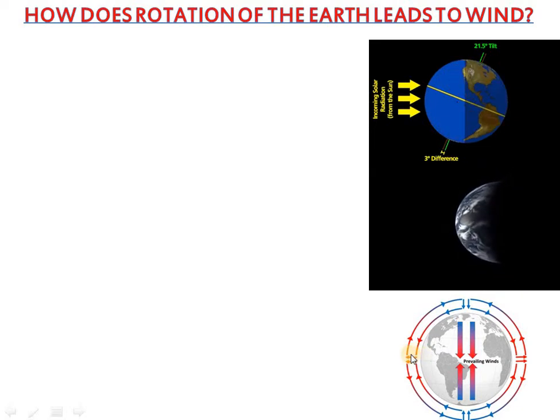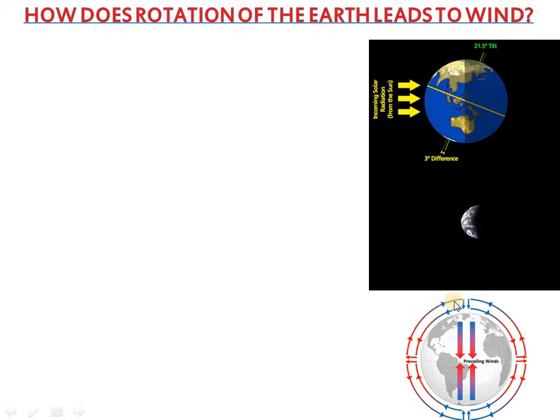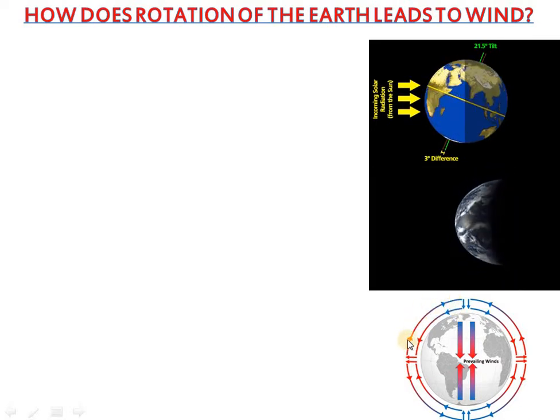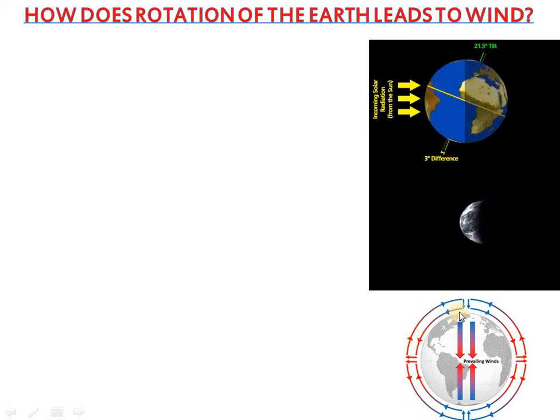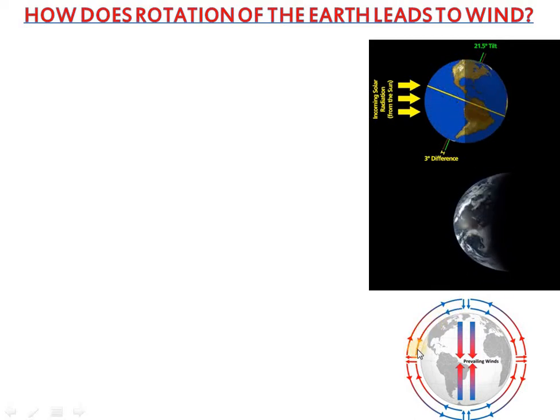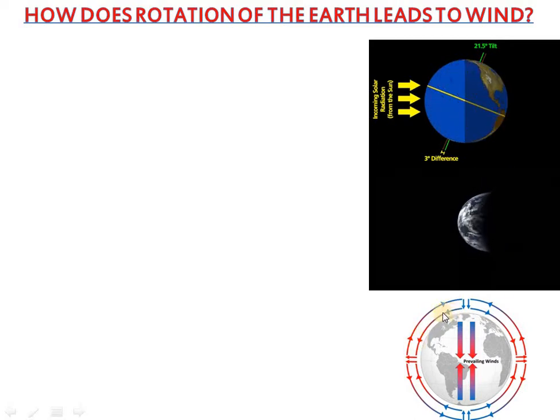Since temperature is high, air rises up and starts moving towards the polar regions. This happens in the upper atmosphere, whereas in the lower atmosphere, very close to the surface of the earth, cold air from the polar region comes towards the equator.